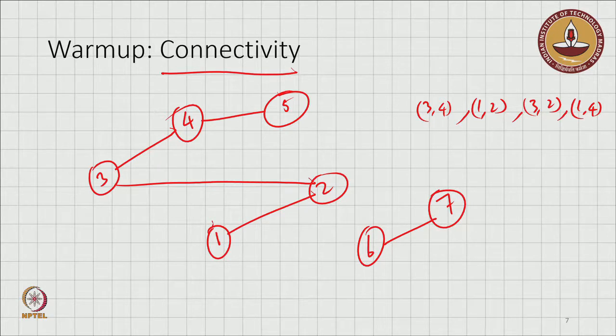But on the other hand, if following this we got an edge 2, 6, then we know that the graph is connected. So as the algorithm progresses, we are maintaining a forest, and at termination time, if it is a forest but not a tree, then we know that the graph is not connected. But if it is a tree at termination time, we know that the graph is indeed connected.